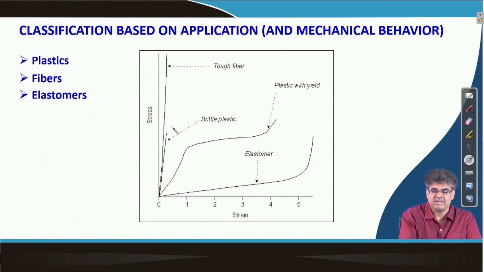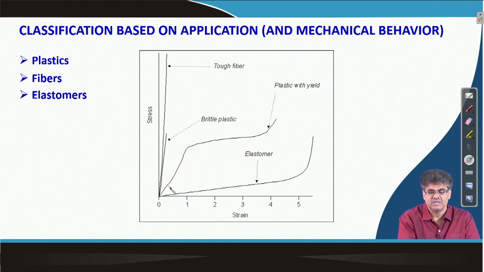On the other side, you have a tough fiber, like the fibers which are used for making clothes and materials, where you need very high stress to get a very small extension of the original length.